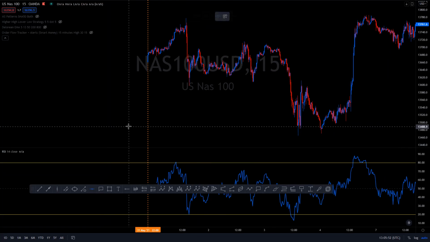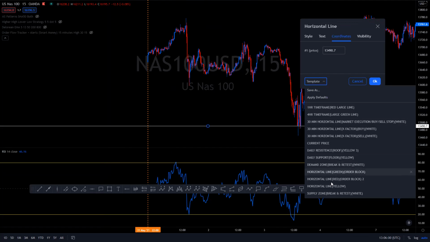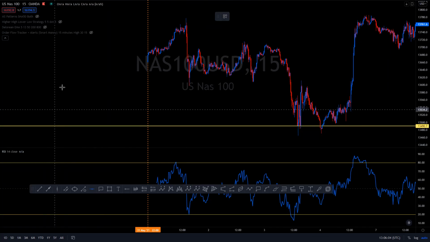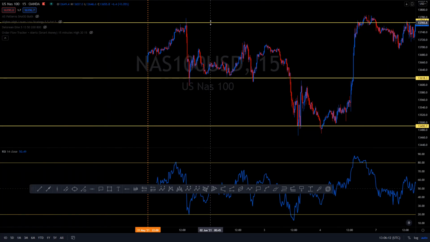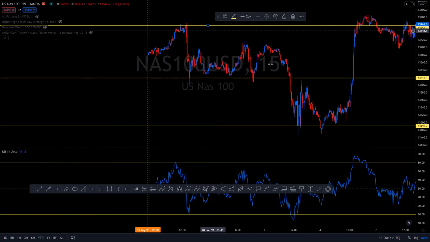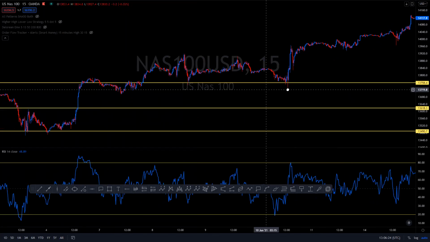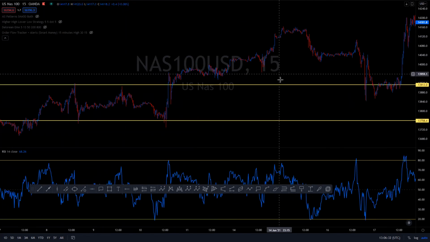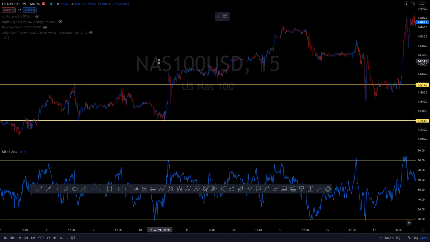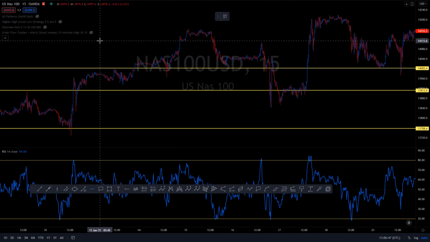Then we're going to mark up market structure based off of institutional levels, and then we're going to draw supply demand zones off of those. Probably going to mark it up all the way up until this point here.